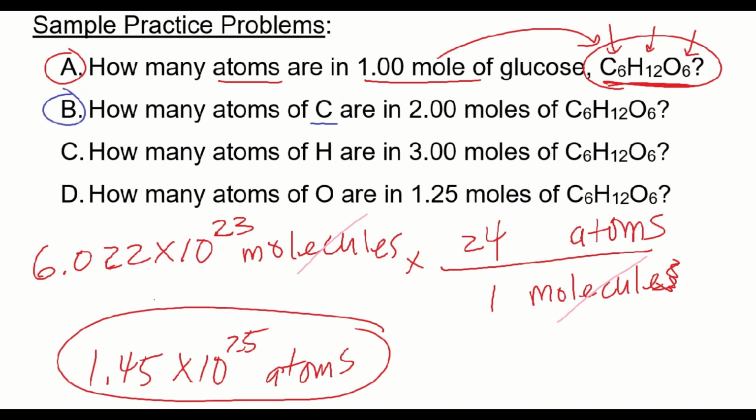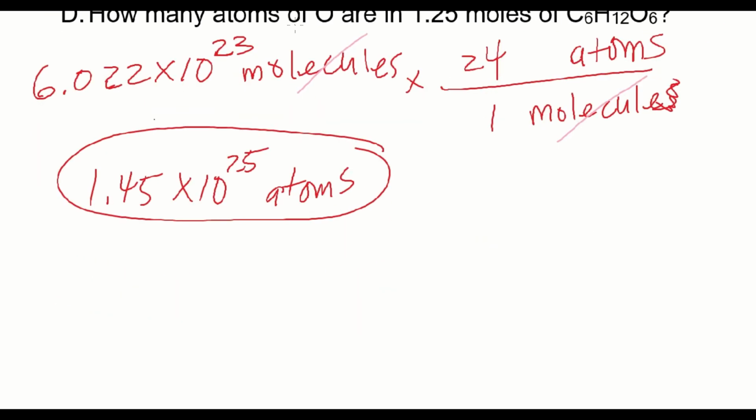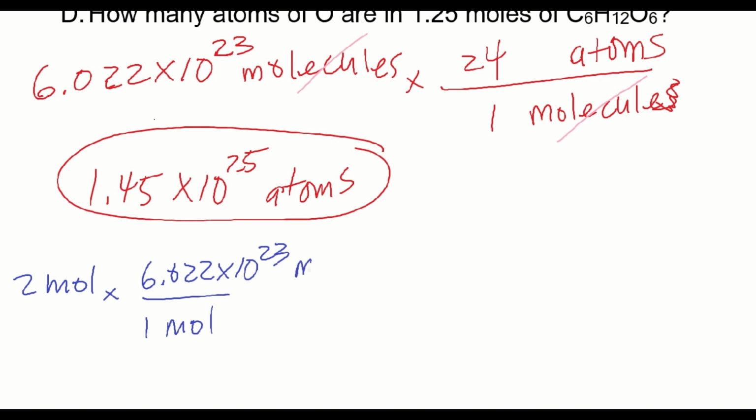How many carbon atoms in 2 moles? So we're going to double Avogadro's number for this one. We got 2 moles. I'm not going to have room, but 2 moles of glucose is what we're dealing with. And for every 1 mole of anything, there are 6.022 times 10 to the 23rd molecules.